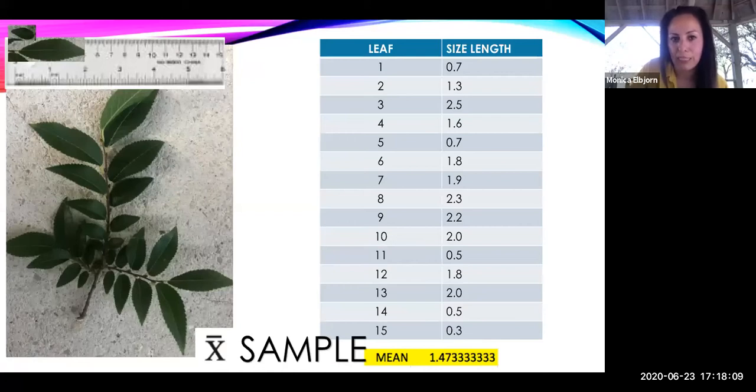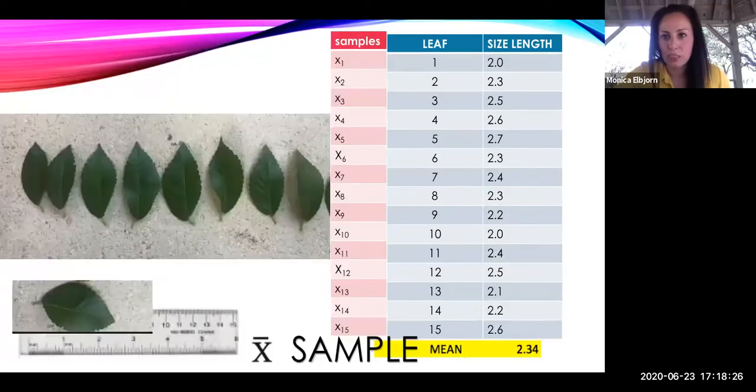Instead of me handpicking which ones I want, this has small ones and large ones. This is also a sample mean, but with different results. You can see that the highest is 2.5 and the lowest is 0.7. So there's a big difference between these two compared to these ones, where the high was, I cannot see, but it's like 2 and 2.6.